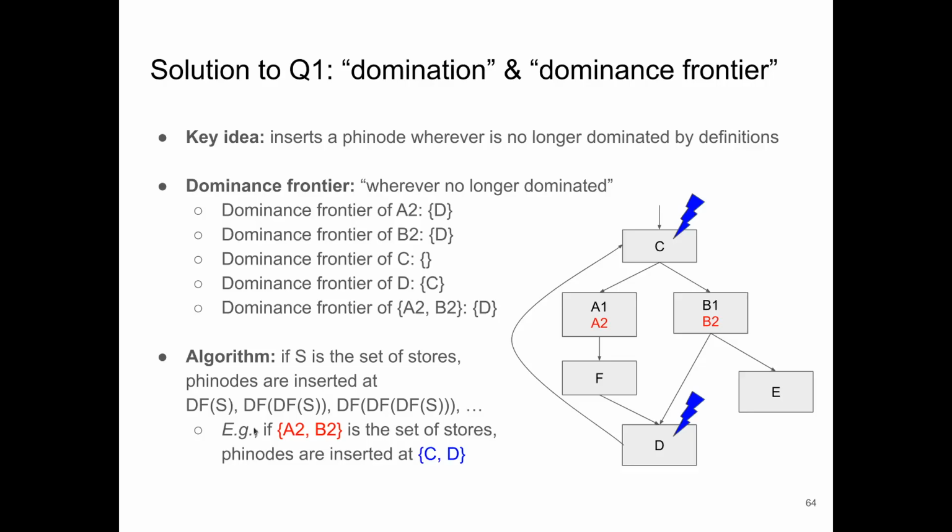So this is basically a fixed point of these iterative processes. So if a block is inside any of this set, then the block should be inserted with the phi node. So here's an example. If A2 and B2 are stores, then the phi node should be inserted at D and C as a result of this algorithm.